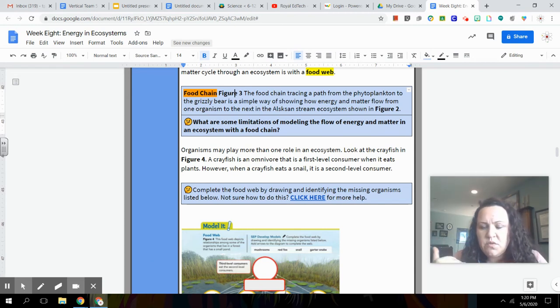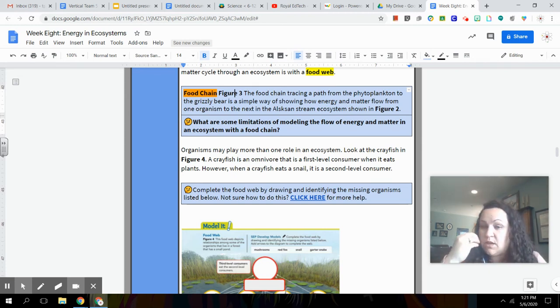As we continue moving down, it's going to talk about food webs and food chains and the difference between the two. And here's one part I think you might have questions about. It says, what are some limitations of modeling the flow of energy and matter in an ecosystem with a food chain? What it's really asking is, remember that chemical energy is stored inside of living things.